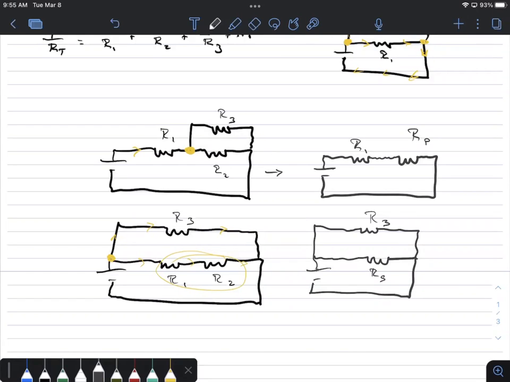So I hope this shows that there's not one right way. I can't give you a recipe and say for every single circuit, follow these steps, because every circuit is different. Sometimes you have to do this part first, sometimes you have to do that part first. And there's no way to tell until you look at the circuit what you have to do.